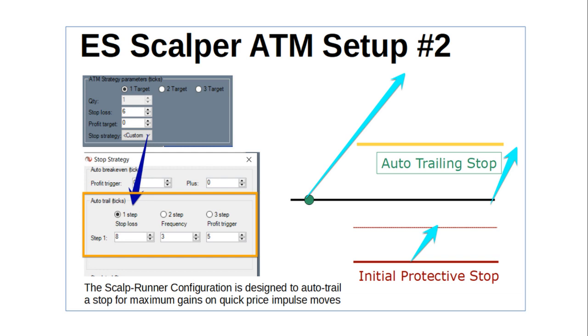Now, the important thing is to have a little flexibility. So use that first ATM setup where you're targeting 2 points or a point, whatever your target's going to be, to get your icebreaker trades, your quick wins, or on days where it just ain't happening, where there's not a whole lot of action, go for the quicker targets, get your trading done and quit before you give it all back.